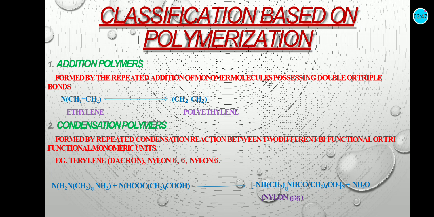It is the ethylene to polyethylene. Then condensation polymers are formed by repeated condensation reaction between two different bifunctional or trifunctional monomeric units. For example, terylene and nylon 6,6.